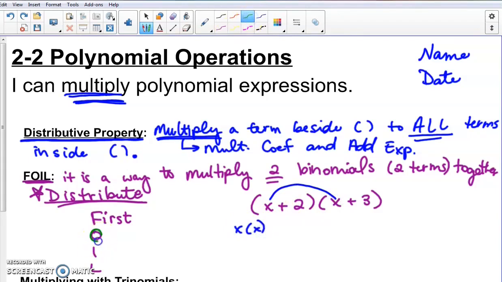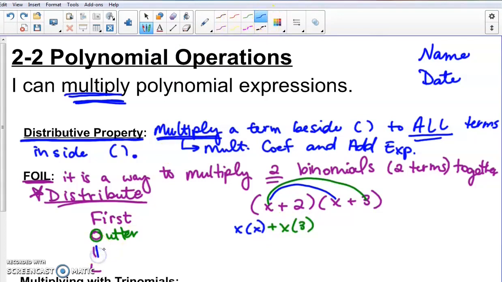Now the O stands for the outer terms, so your outermost. I always tell people, if you think about a full problem being like a donut, your outside terms would be like those on the outside of a donut. So that would be our x times 3, so it's positive x times positive 3.